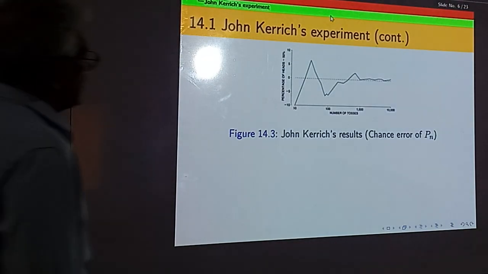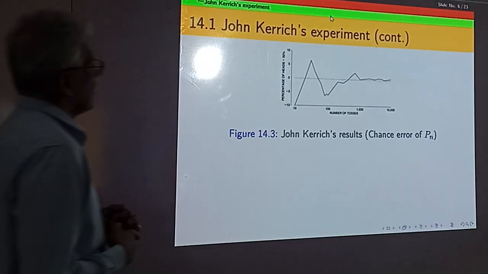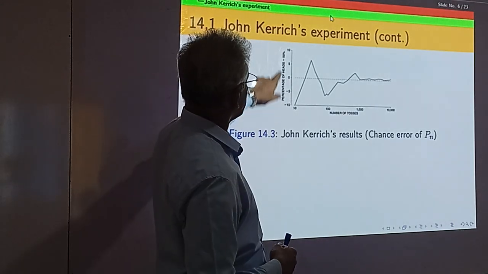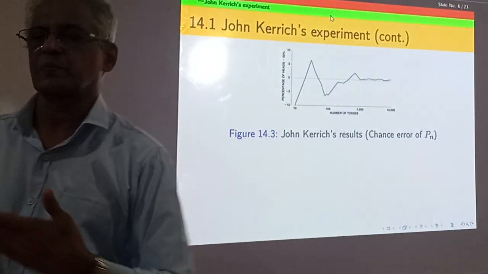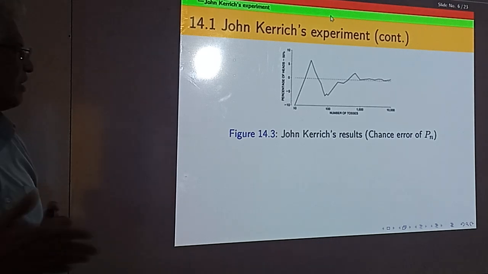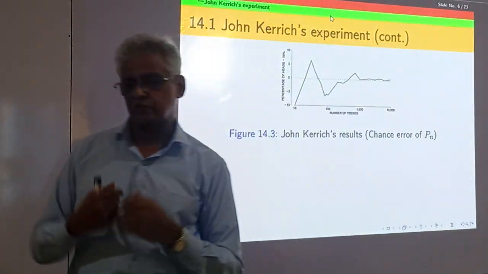So this is what they saw about the chance error of the proportion. This is the chance error of the proportion, that is the percentage of heads minus 50%. That is what they have calculated as a percentage, or you can calculate it as a proportion minus 0.5. Both will have the same shape. What you can see is these two are different, right?